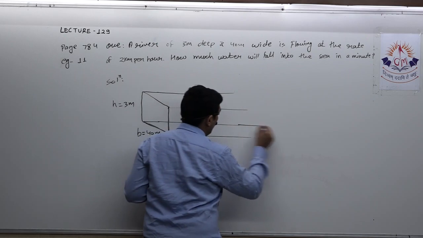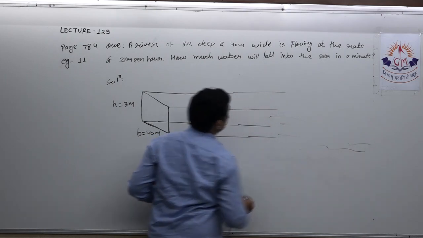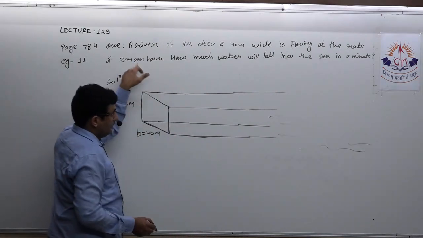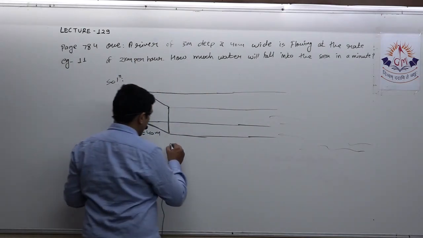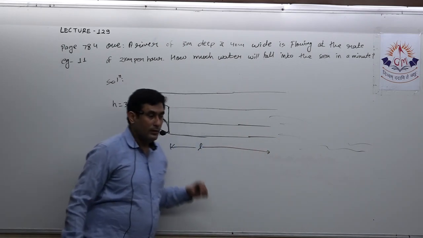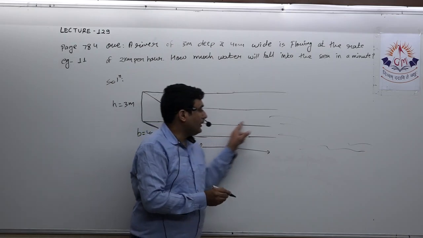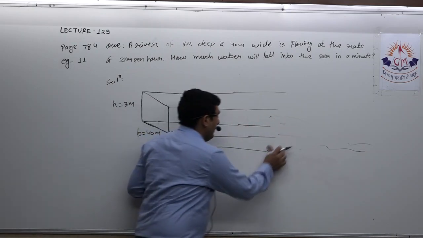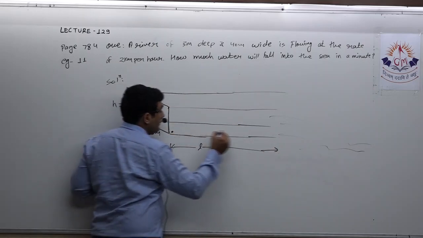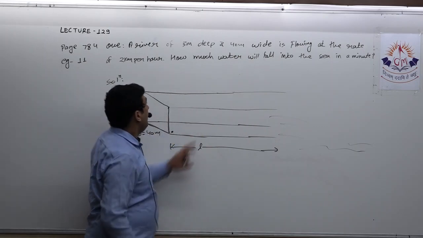Now water from this river is falling into a sea. One thing more, it is given that the speed of the flowing of the water is 2 km per hour. For example, suppose there is a very first water particle, so the distance it has to travel before falling into the sea is L. If I say the length of the river is L before falling into the sea, or the distance traveled by water before falling into the sea is L, now distance is L and speed is given.